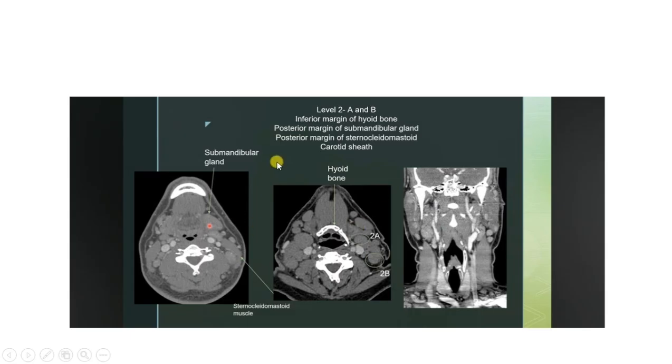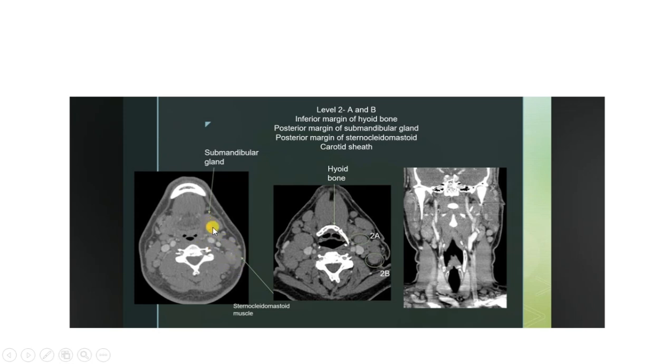Level 2 lymph nodes can be identified if you remember the 3 landmarks: the hyoid bone, the posterior border of the submandibular gland, and the posterior border of the sternocleidomastoid muscle. This is the sternocleidomastoid muscle, and this is the carotid sheath.